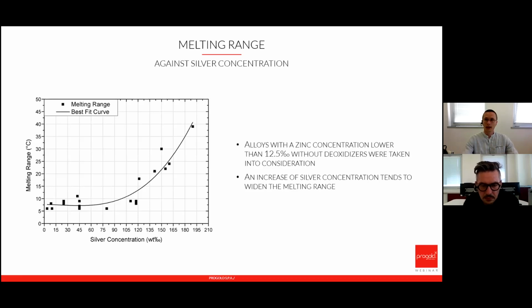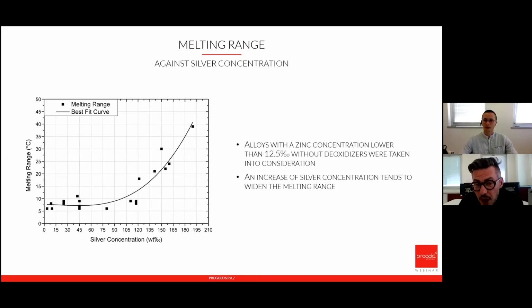So when we start from the liquid phase and go to the solid phase, we can measure how much the alloy is shrinking. Everything is presented in another work, and the answer is quite difficult. So I suggest this person write to us, send an email or call ProGold, and we can discuss it deeply, directly with him.